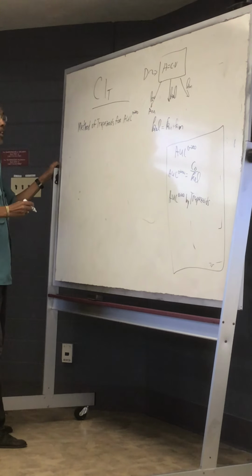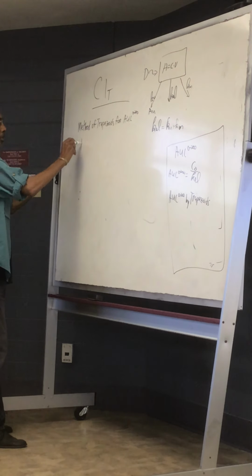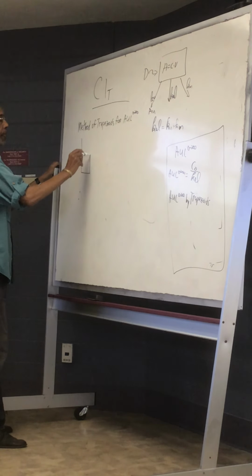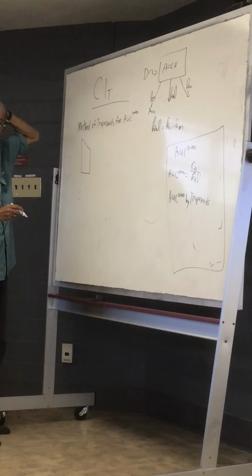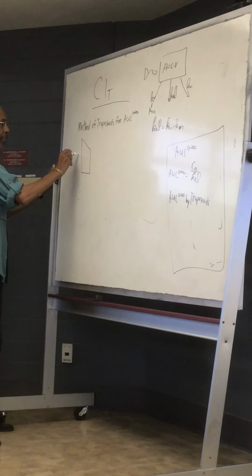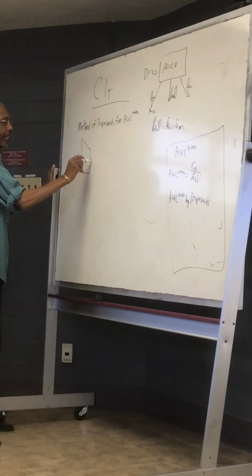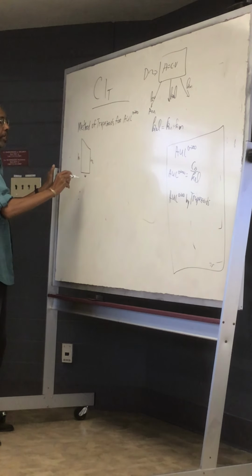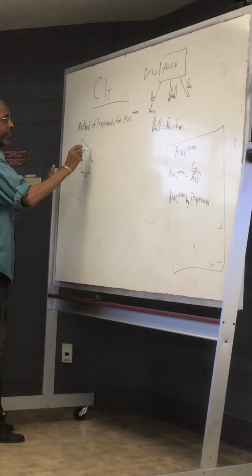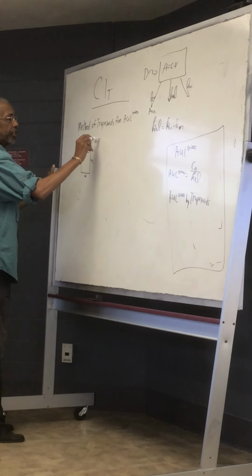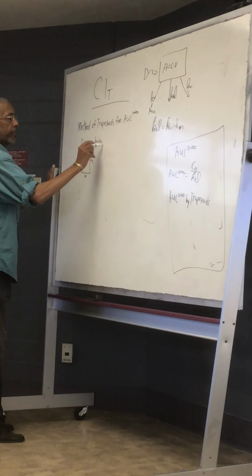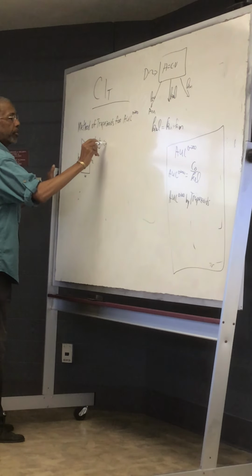A trapezoid, if you recall from pre-algebra or whatever, is a geometric figure with uneven parallel sides we call H1 and H2, and it's got a width.